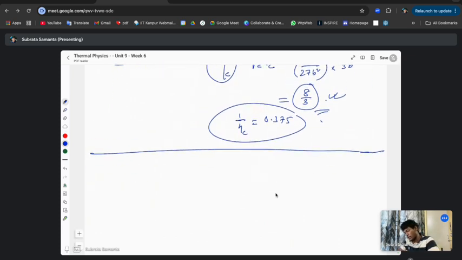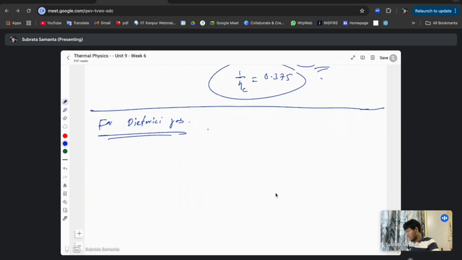So for the Dieterici gas, the equation of state is P equals RT over V minus B, times exponential of minus A over RTV.